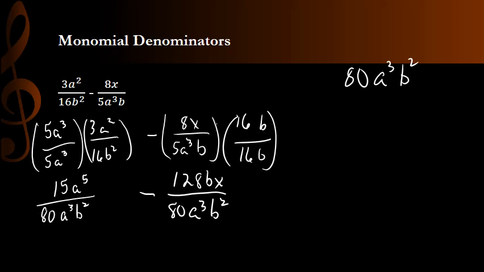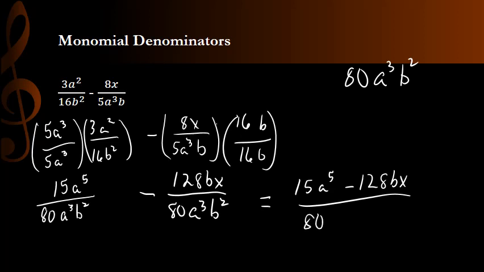And now I can simply perform this subtraction, and this is going to equal 15a to the 5th minus 128bx over 80a cubed b squared.